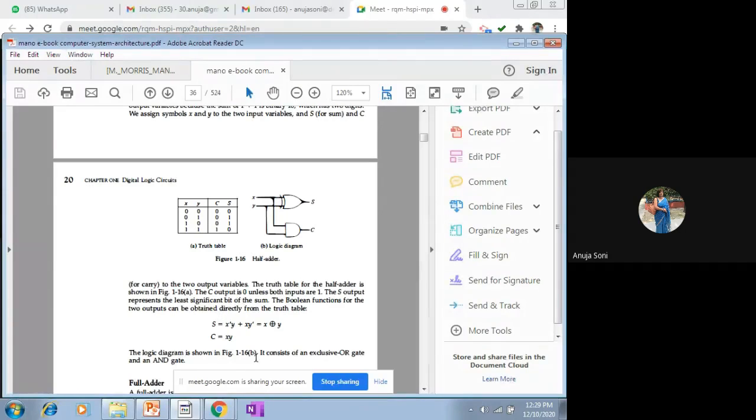How to generate the Boolean expression and logic circuit diagram? Once you have the Boolean expression, it is very easy to generate the logic circuit diagram. But prior to that, to get there you will have to apply a k map. You apply it on c and also on s, vertically on each output column. Two separate k maps you will have to draw. Then you join the 1s, and by joining the 1s the equation of s is derived and the equation of c is derived. Combining both, a single circuit diagram will be made.